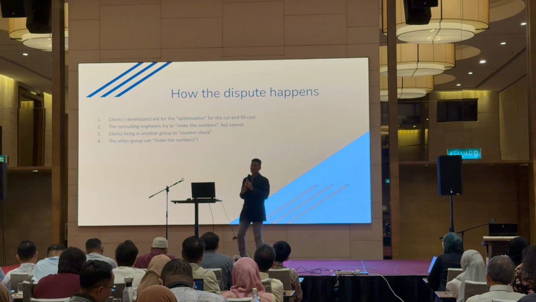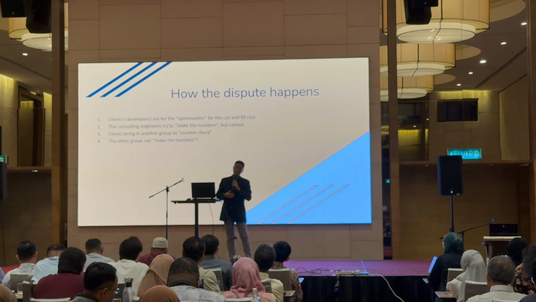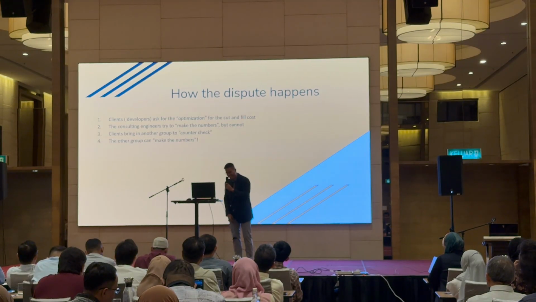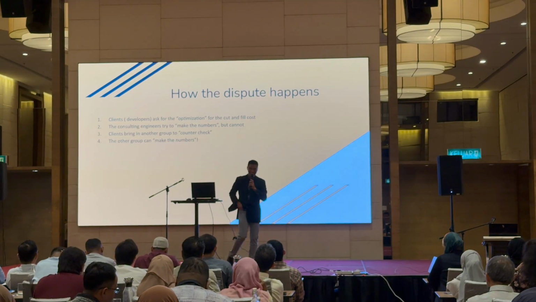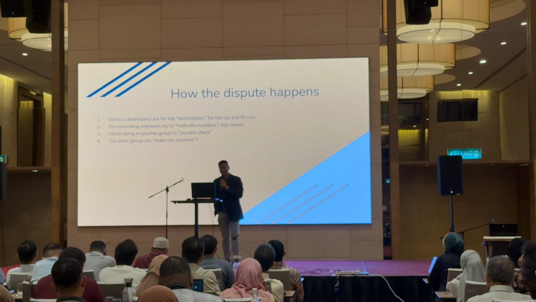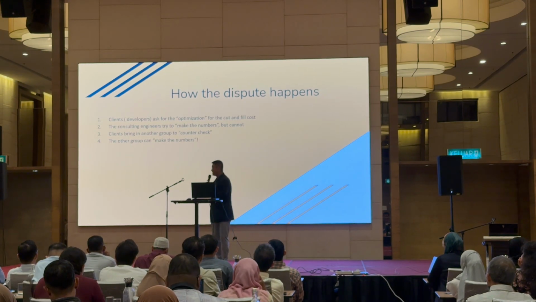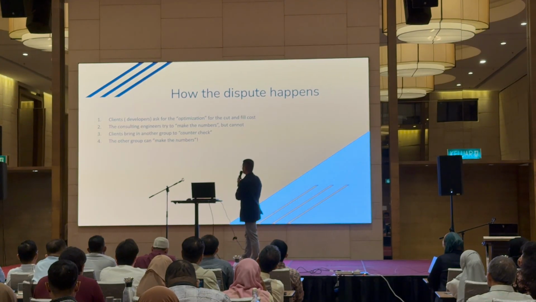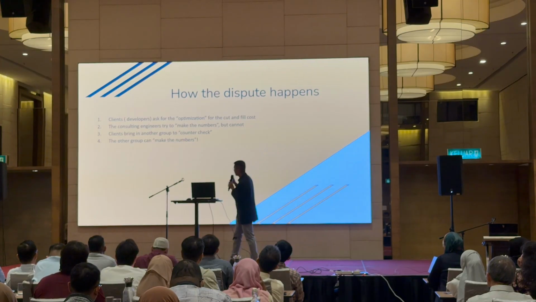And sometimes even if he listens to you, he still feels that I need to get a second opinion, all right? Maybe from contractors or maybe just from another group of consultants, so that I can sleep well at night, all right? In this case, this is a more extreme case.